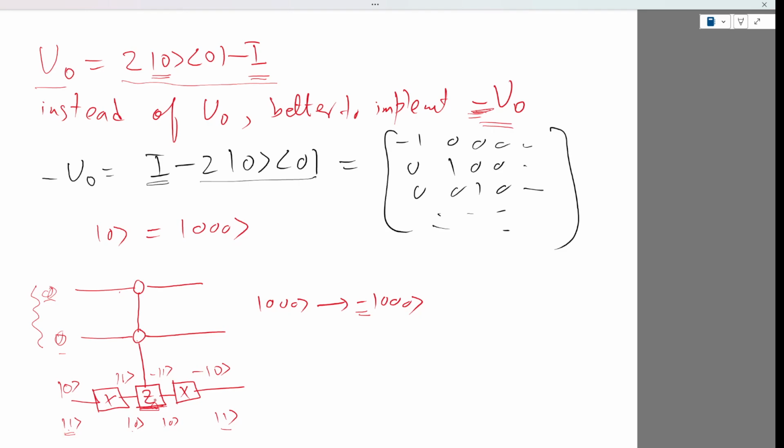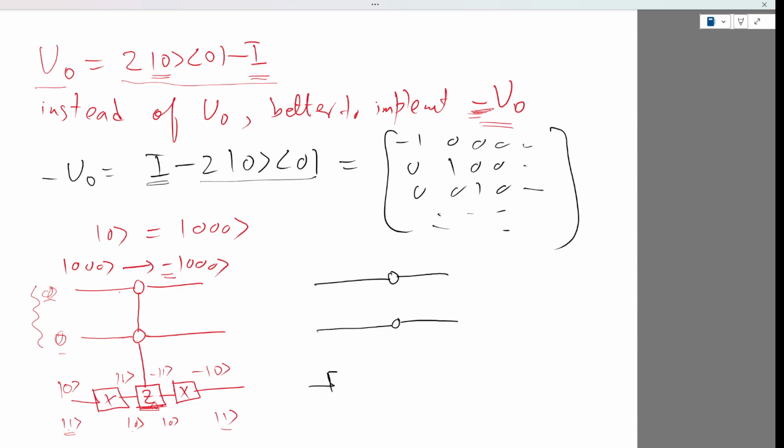So we can replace this Z gate with the equivalent circuit using the control X gate. Let me just take this little bit over here and draw it.